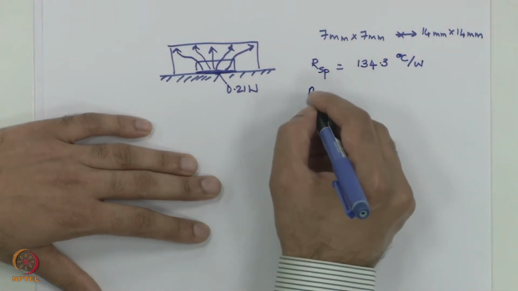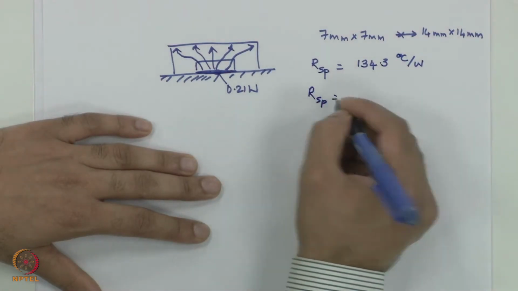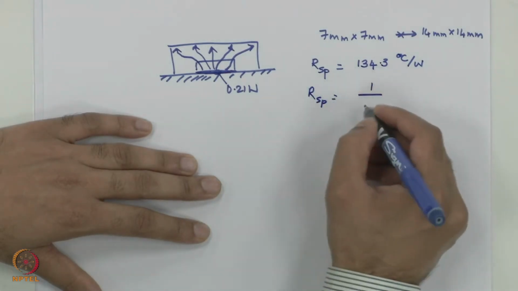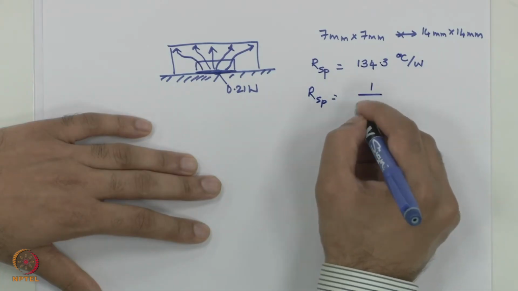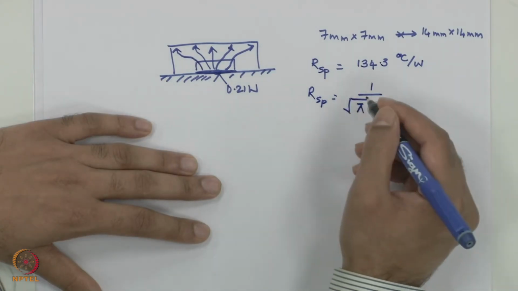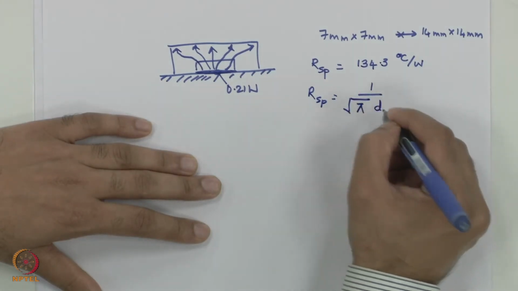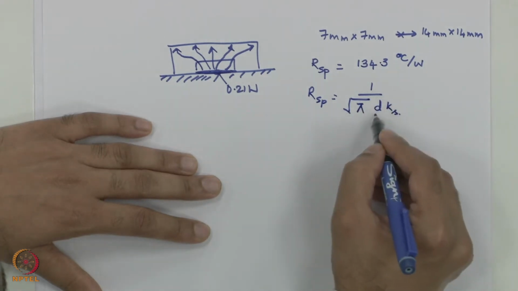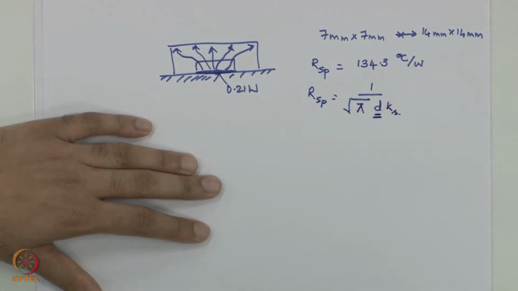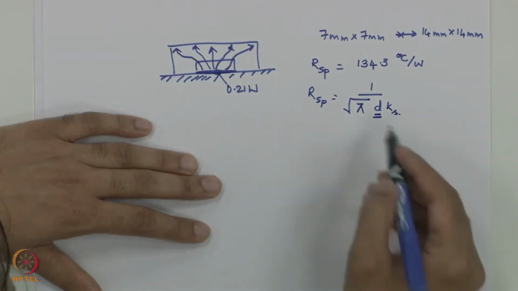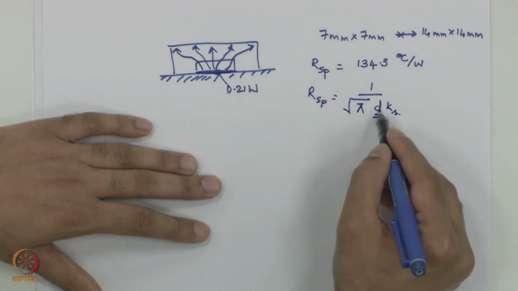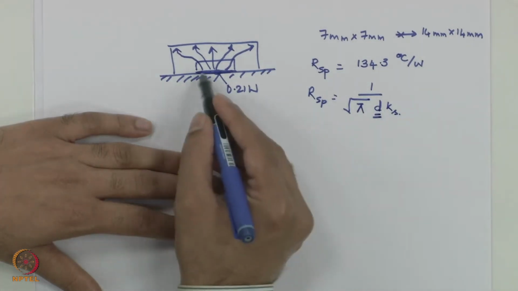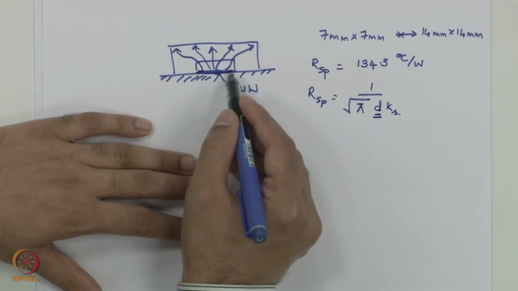so the spreading resistance formula that we use is 1 divided by square root of pi times d times k of the solid. So, d is the diameter or the characteristic length scale of the smaller of the areas.